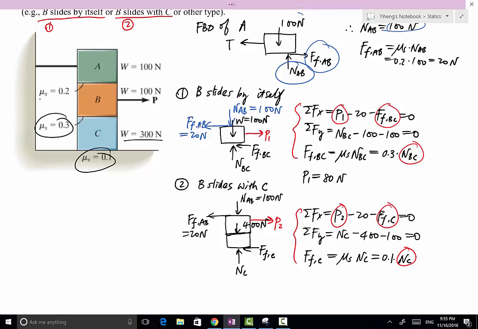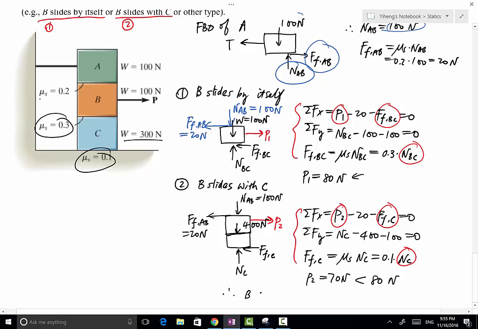So from here, P2 is determined to be 7 Newton. And because P2 is smaller than 80 Newton, which is P1, the conclusion is it's more likely that BC will slide together. And the final answer is P equals 7 Newton.